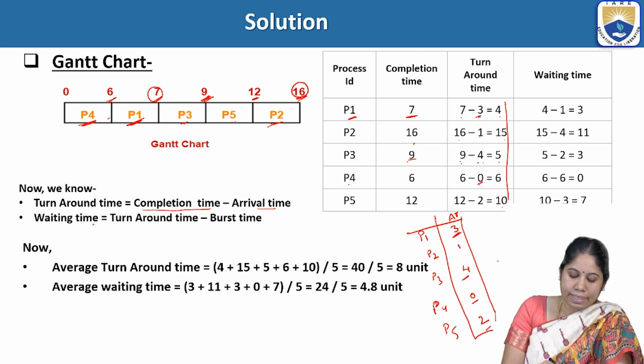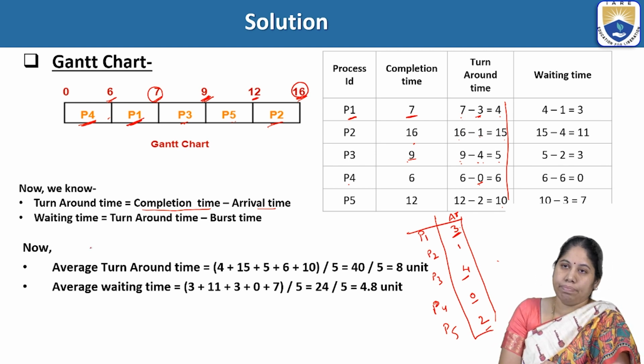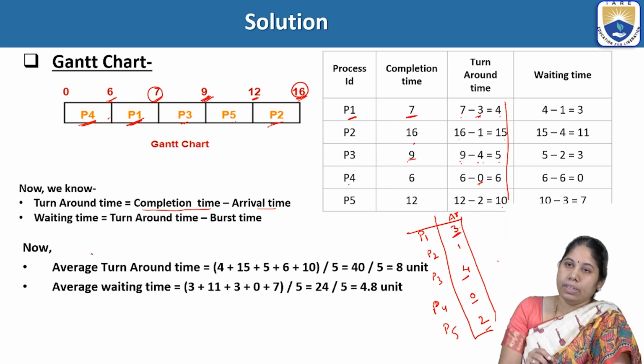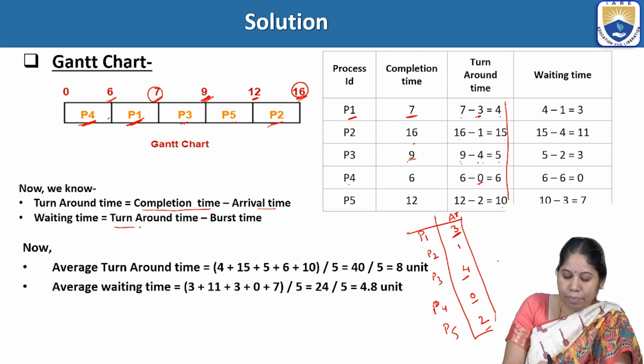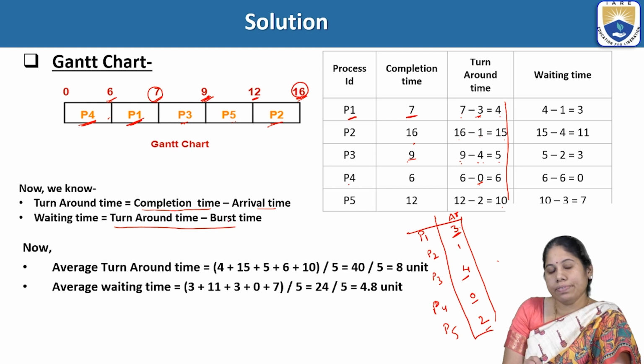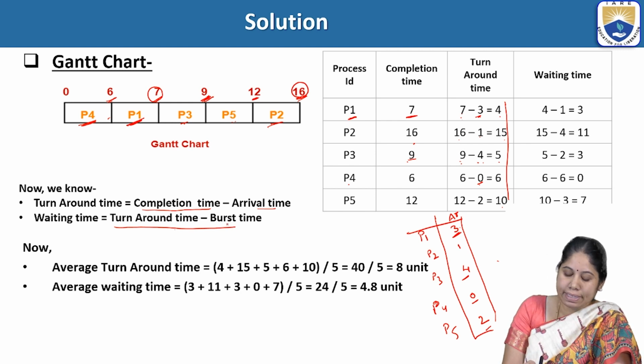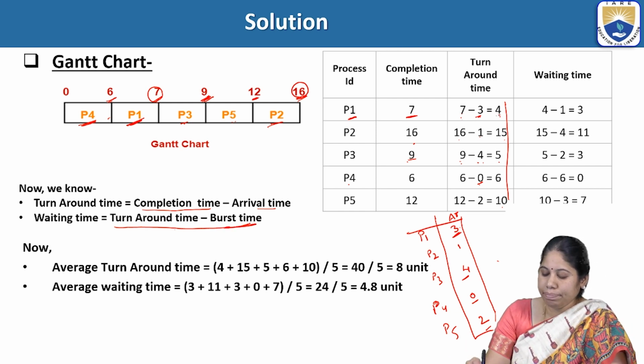Now let us calculate the waiting time of the processes. What is the formula? We already know this formula: turnaround time minus burst time. What is the turnaround time for P1? 4.